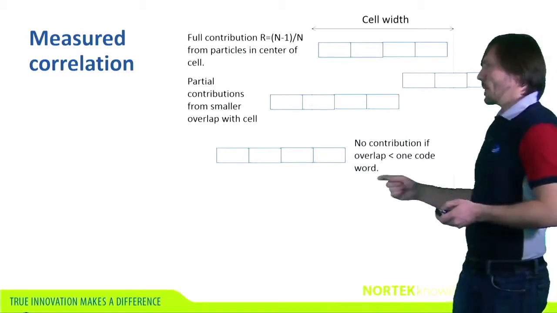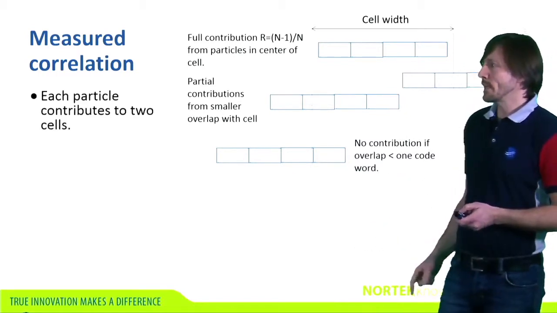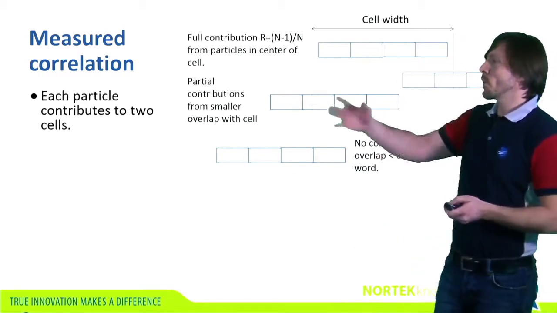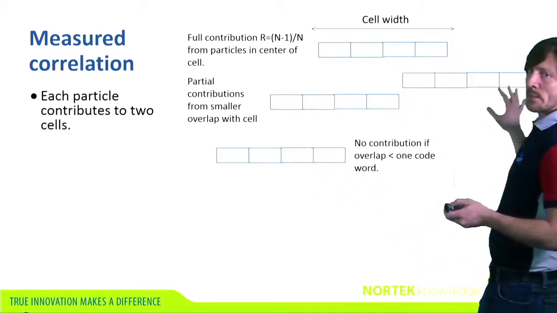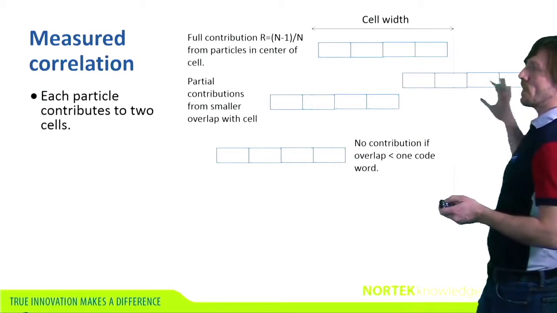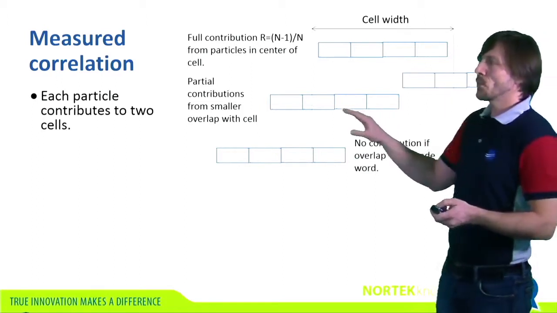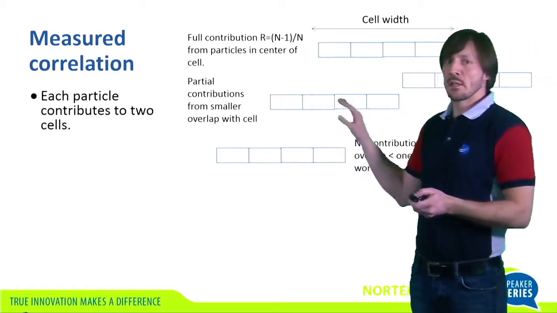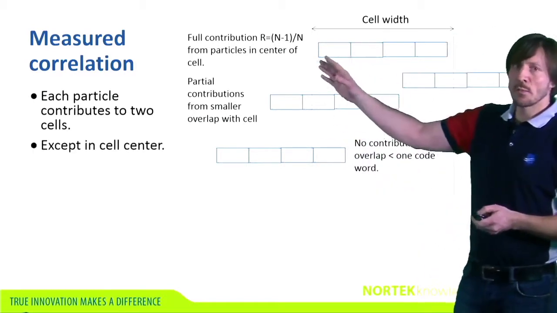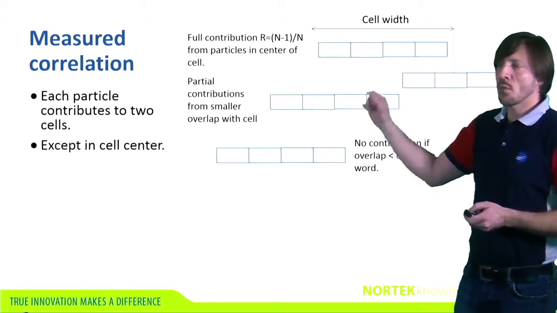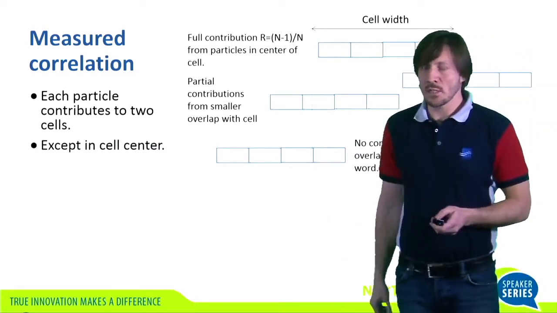We'll notice that most of these particles now are split between 2 cells, okay? So this one here has partial contribution into the next cell and a little bit into this cell. This one is partially into this cell and then into this cell. And only the particle that's right dead in the center will contribute its entire signal within this unit cell.